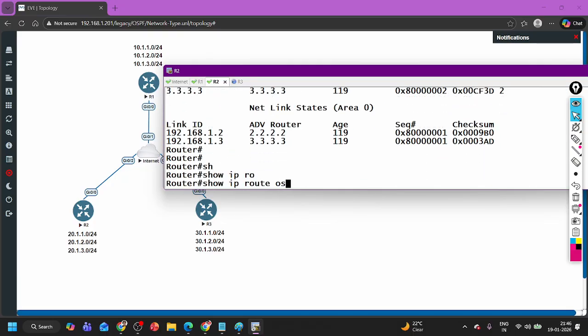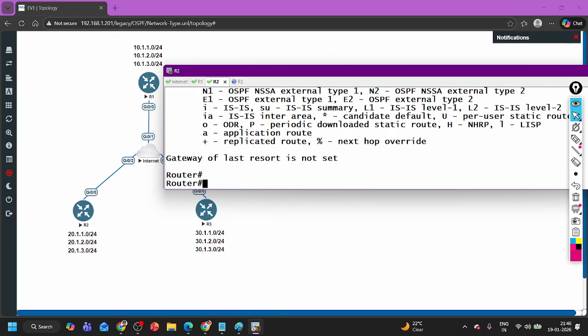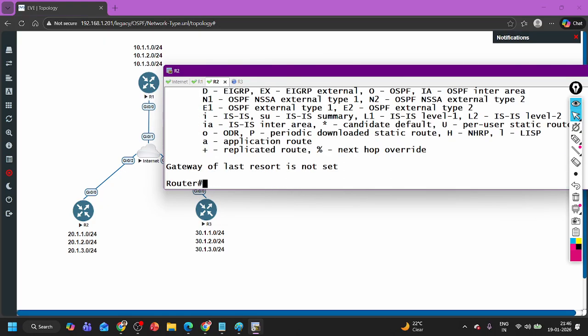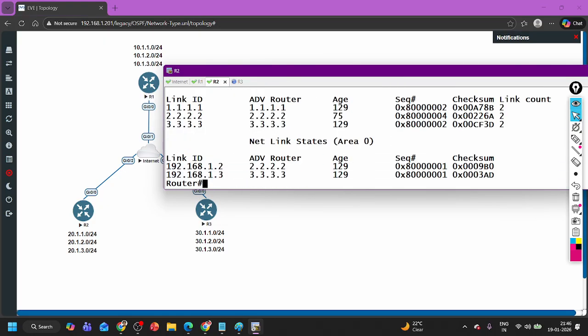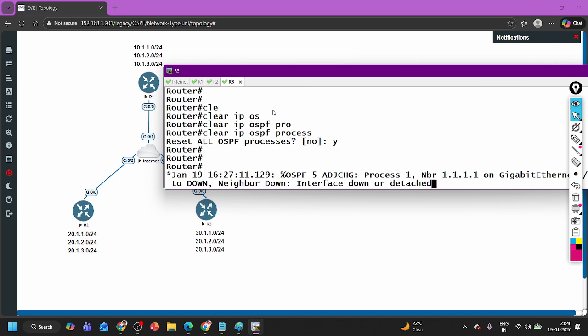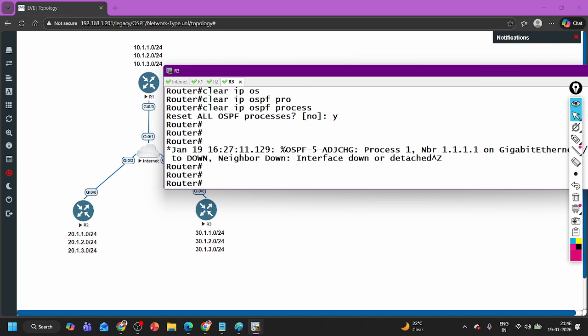So show IP route OSPF, you can see R2 is not learning any route through OSPF. The database is old. After 180 seconds it will update the LSA. LSA age time is 180 seconds.